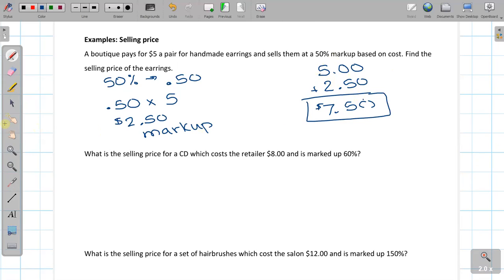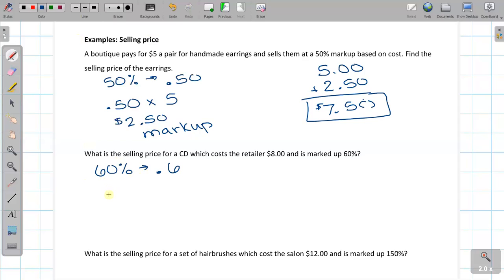Try the next one. What is the selling price for a CD which costs the retailer $8 and is marked up 60%? Change 60% to a decimal. Move the decimal 2 places to the left, so we get 0.6.